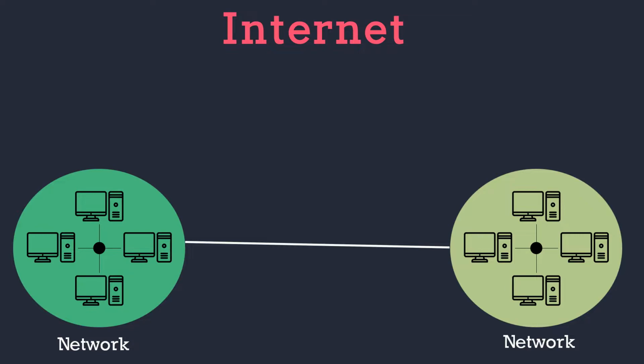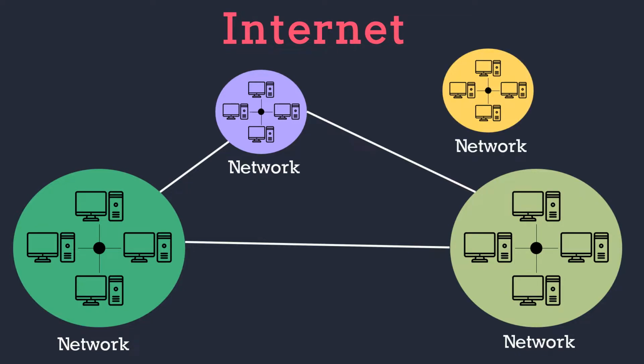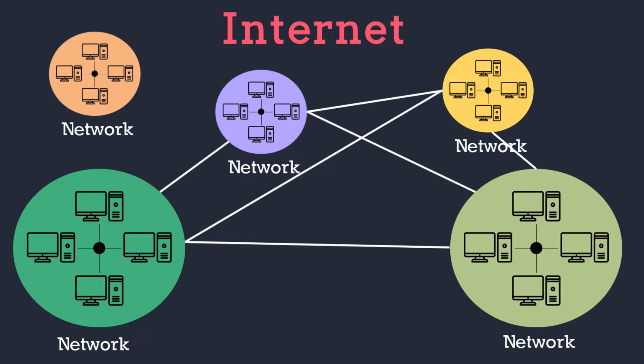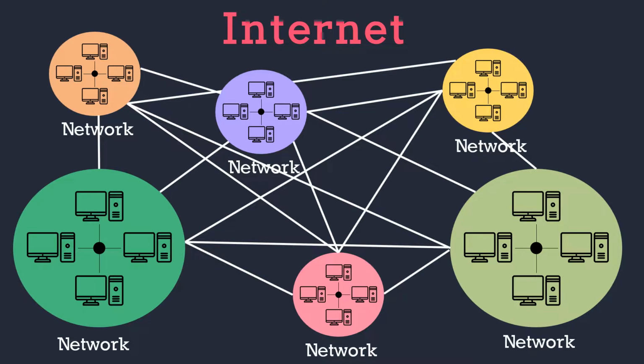And if we expand that cable to a separate network located at a different geographical location, then our network has expanded even more. And if we keep expanding the cable to networks at various geographical locations until each device is able to communicate to another device located at a remote location, then we have created a network so large that we can call it the internet. This is the internet in a nutshell.